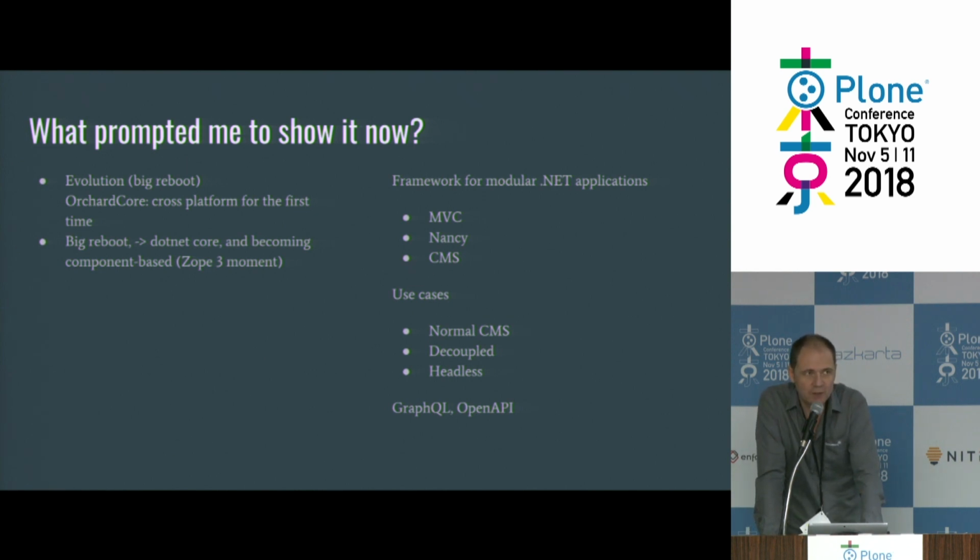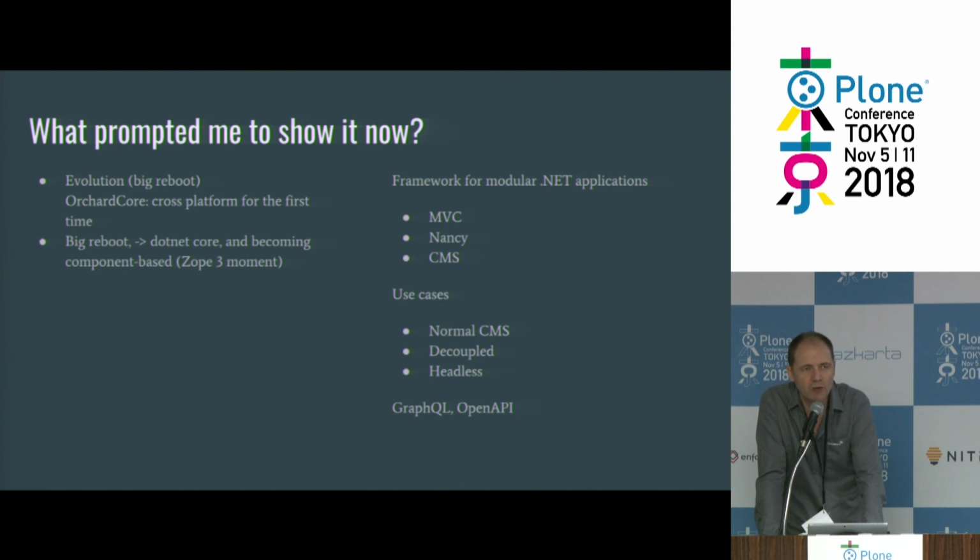and it's what I call a decoupled CMS, where you have basically pure ASP.NET templates that have access to the Orchard content, but that is not wired into the Orchard CMS rendering process at all.